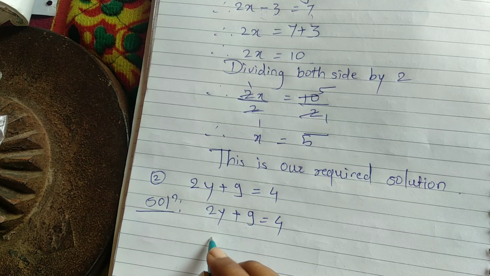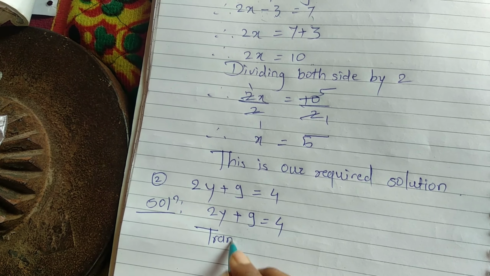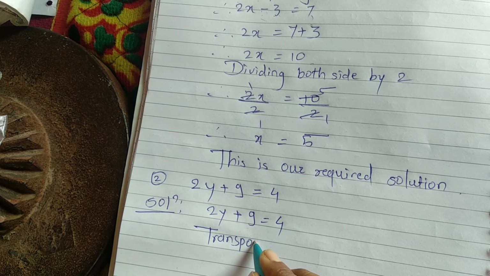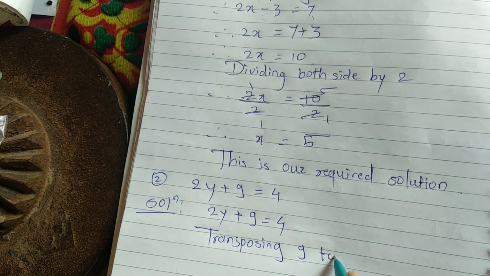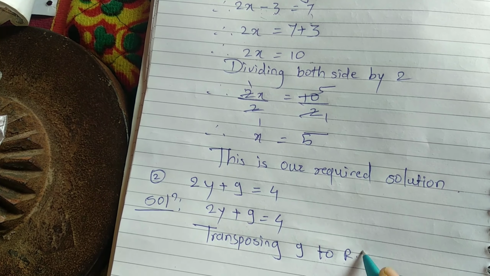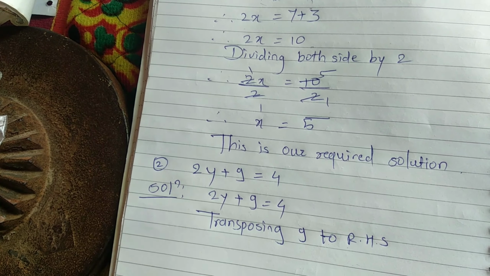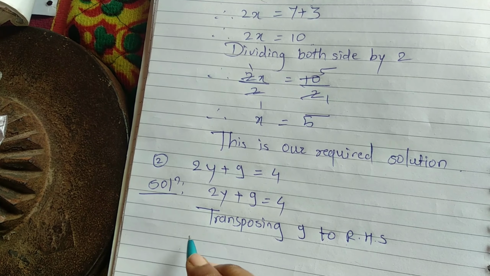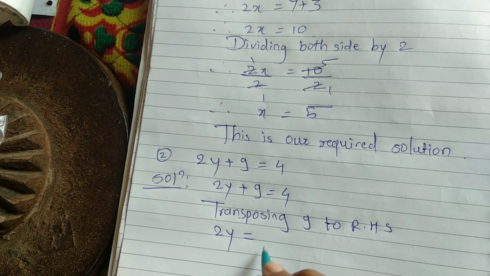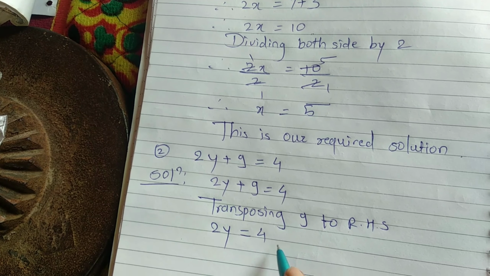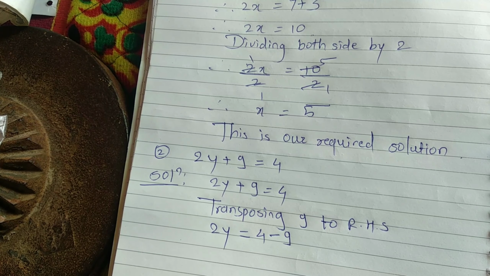So therefore transposing 9 to RHS. So write down 2y is equal to 4 minus 9.